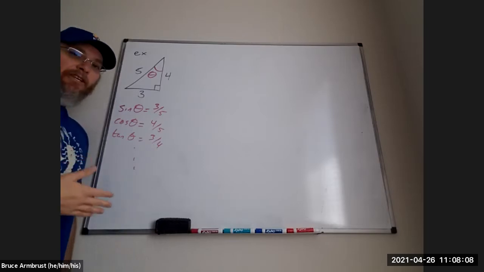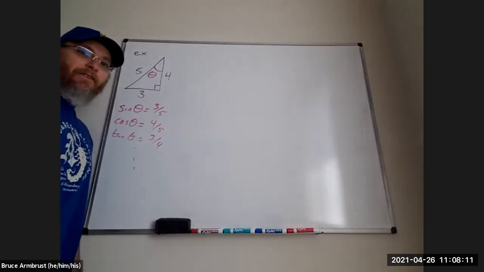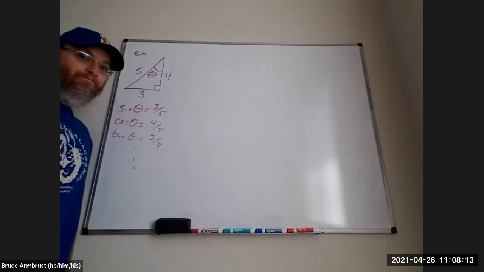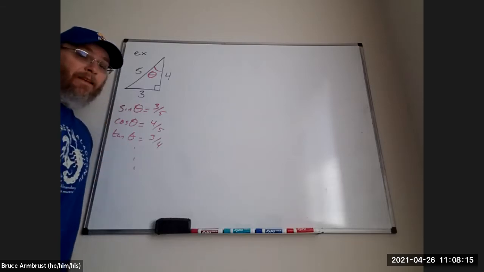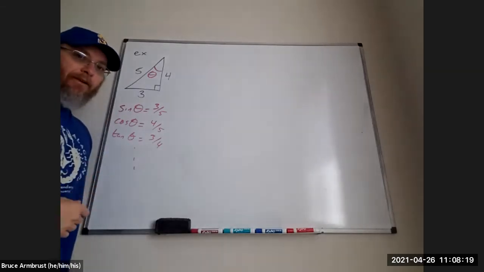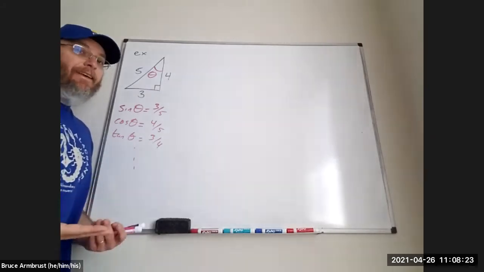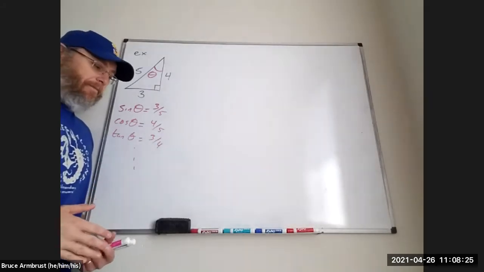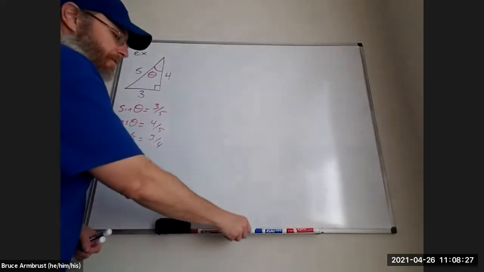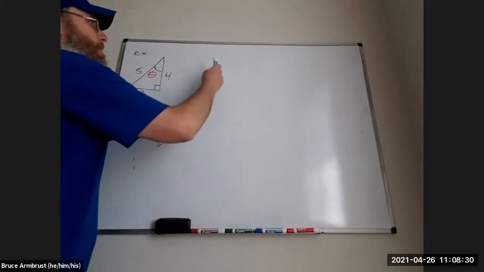But in this situation, we know all of the trig functions. Cool. We know all of the trig functions, but we don't know that angle. So what we really need is a way to get to that angle. Well, that's where the inverse trig functions are going to come in.